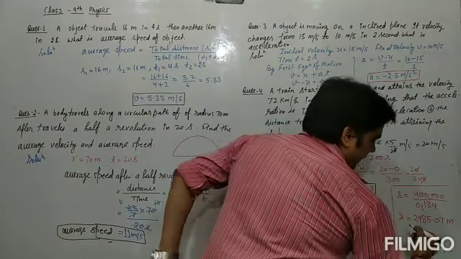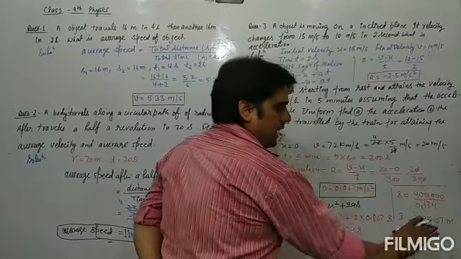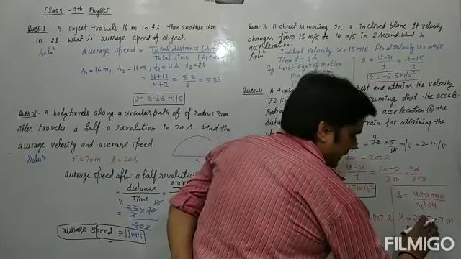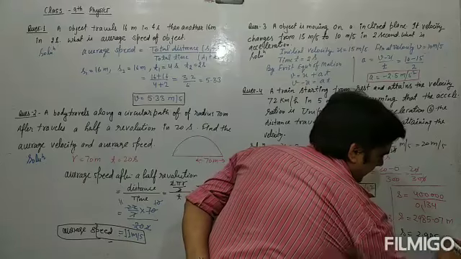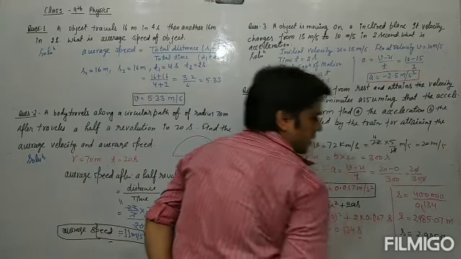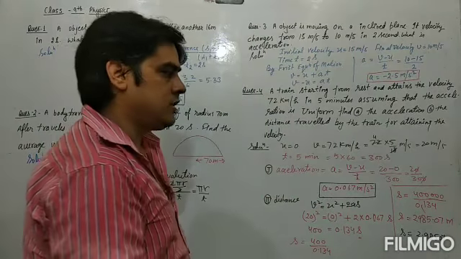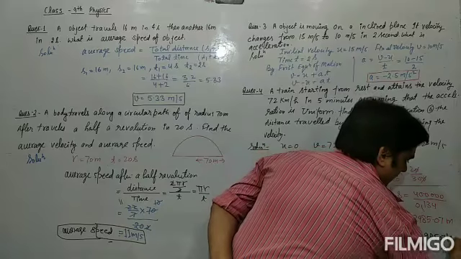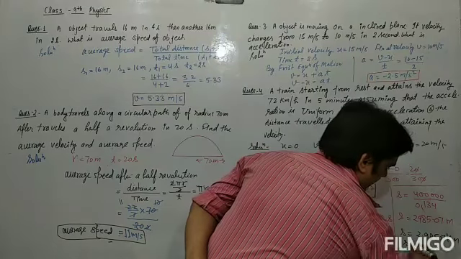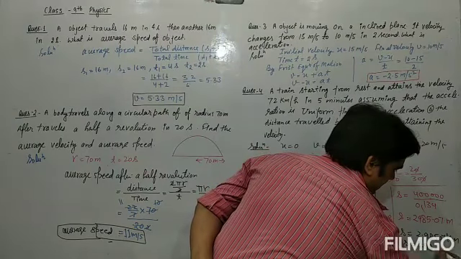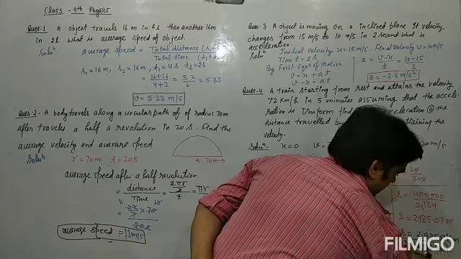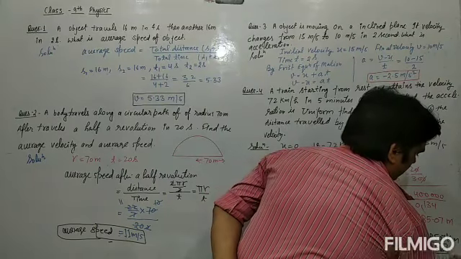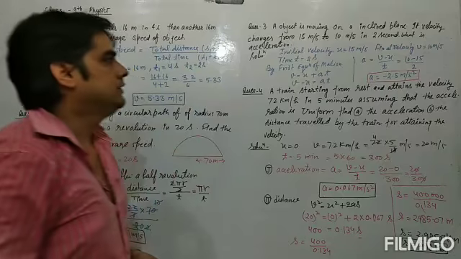When you divide this value in meters by 1000, then S is equal to 2.987, which is in kilometers. Finally we write this as 2.98 kilometers. This is your answer.